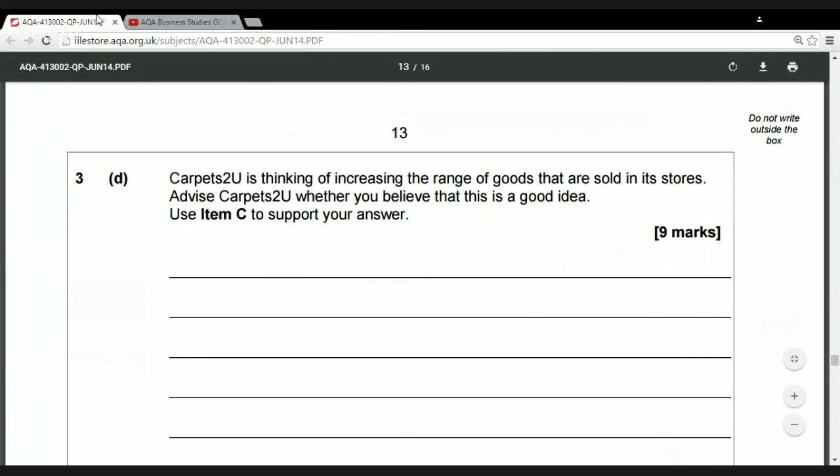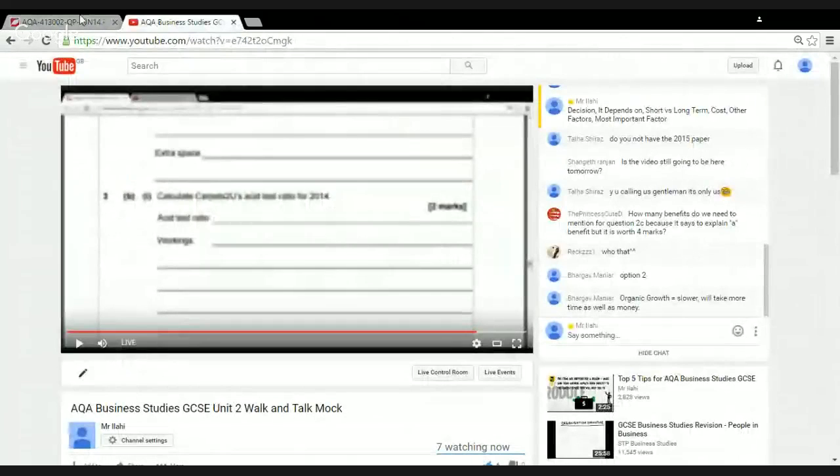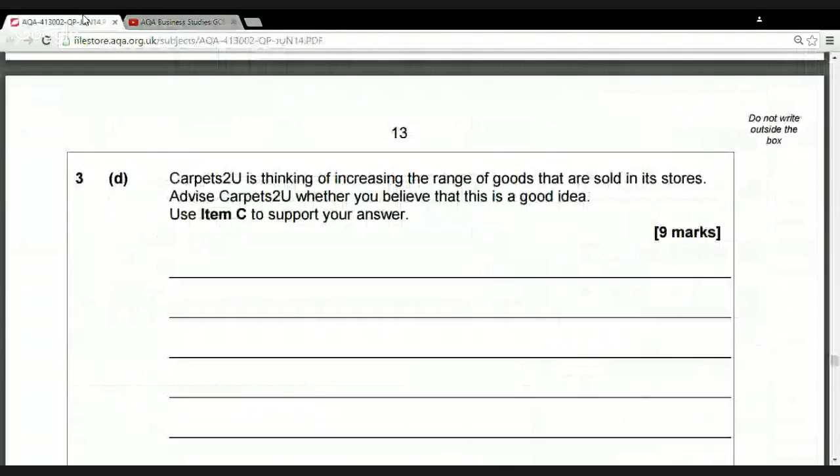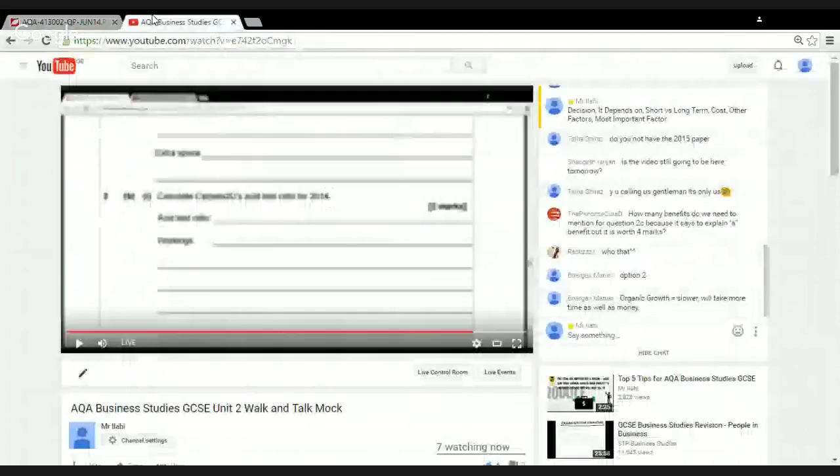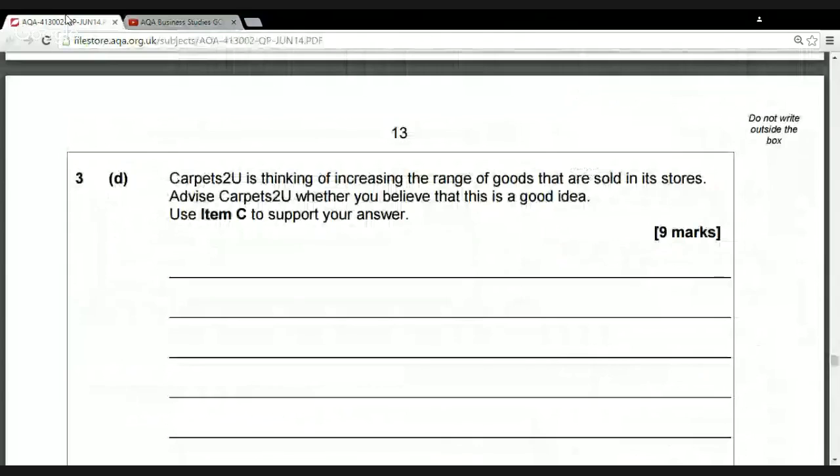So which one should we pick? Expanding the range of goods or not? I'm going to say no. No, they shouldn't increase the range of goods, simply because the company would be moving into areas where it doesn't have experience, and already from the acid test ratio we can see they can't pay off their short-term debt.